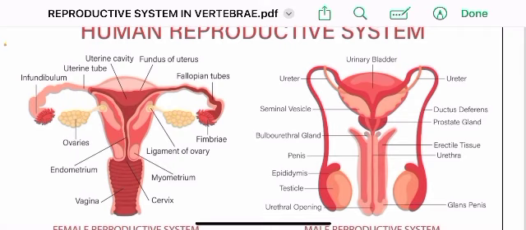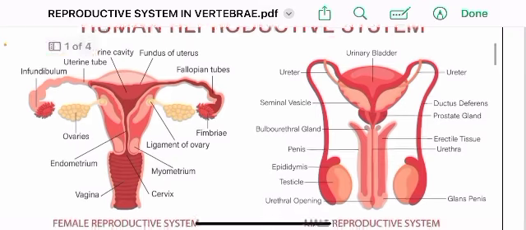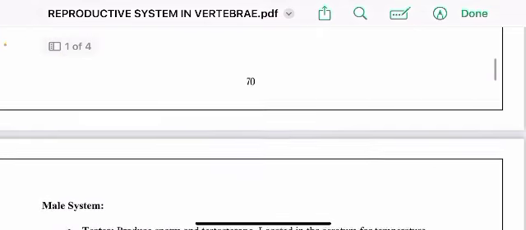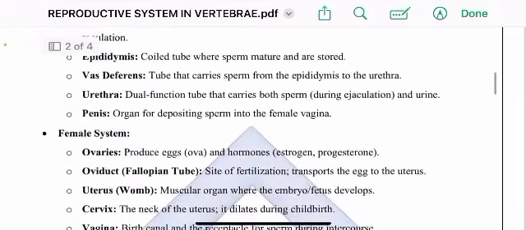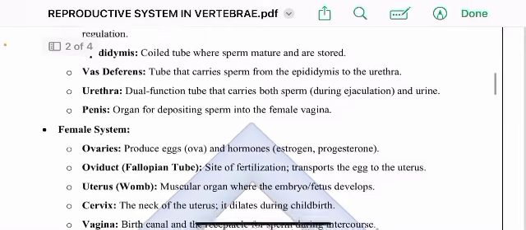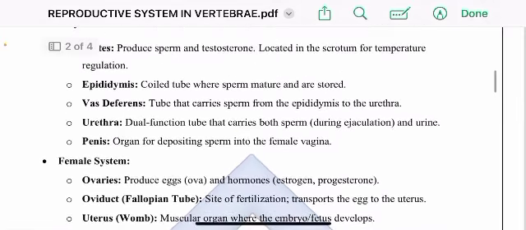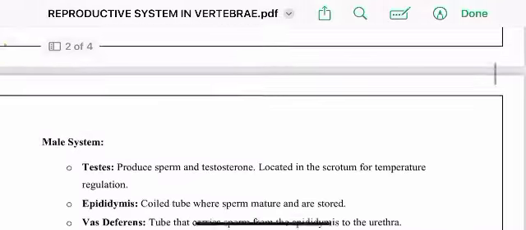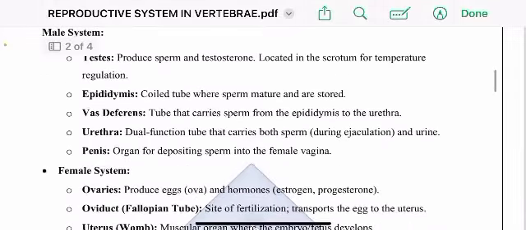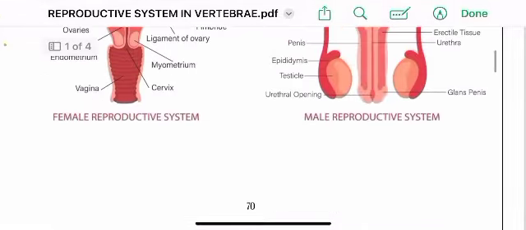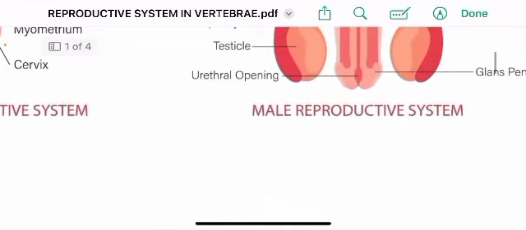I'll call it pipe, but it's called the ductus deferens, and goes down to the urethral opening. Now, the urethral opening itself is a dual function tube that carries both sperm during ejaculation and urine. You can see it here.